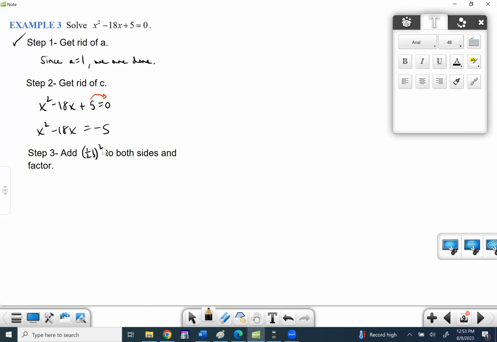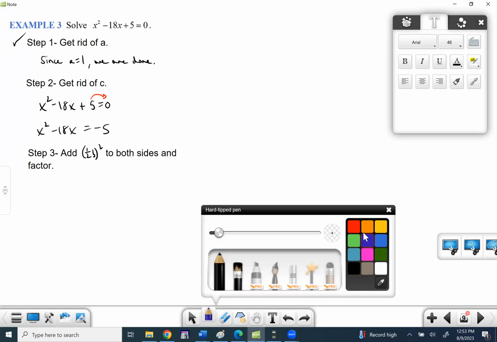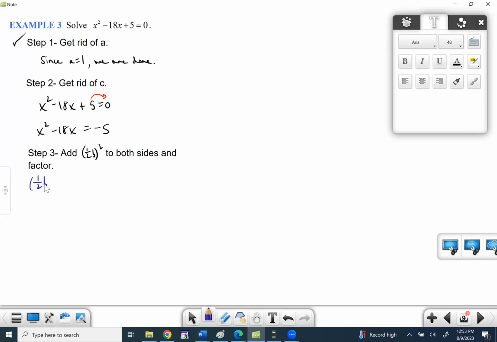Okay. All right, so basically, let me just do this first. Do a different color. We're going to be taking 1/2 of b and squaring it. Well, a is 1 and b is -18, right? So we're going to take 1/2 of -18.